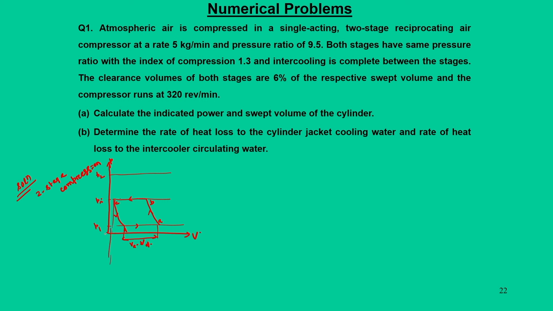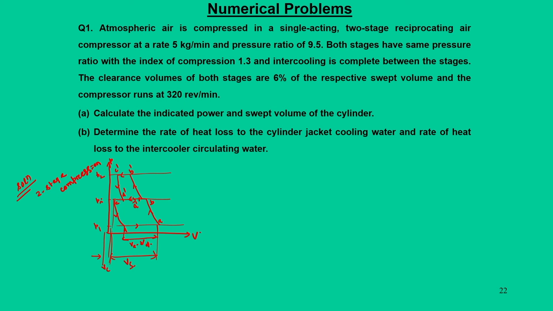So, we have clearance volume, we have stroke volume, and in the second stage compression, since it is intercooling, it has to start at some lower temperature. So, it is A dash, and the compression goes A dash, B dash, C dash and D dash.